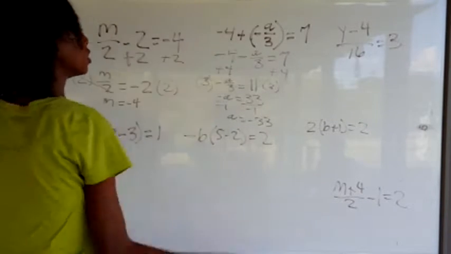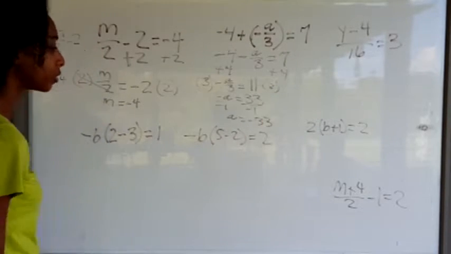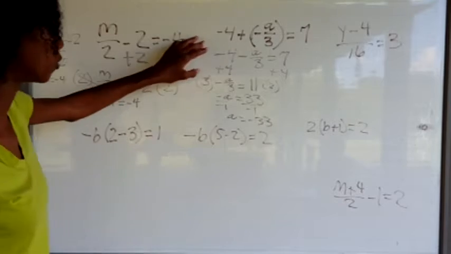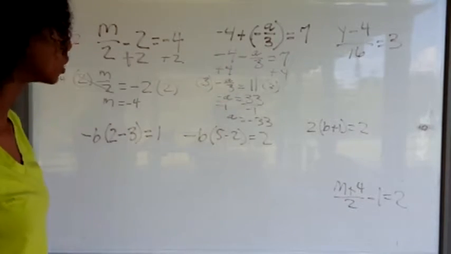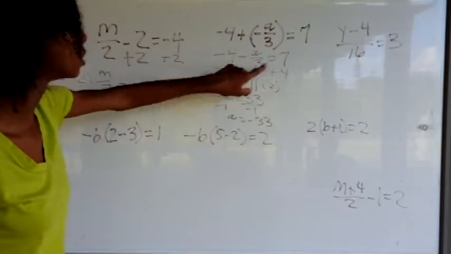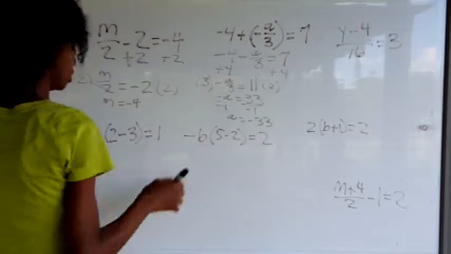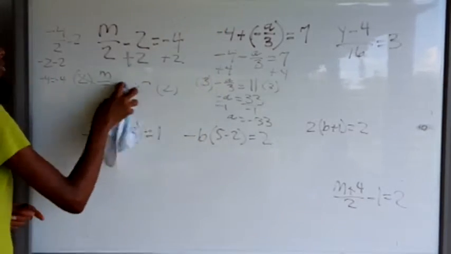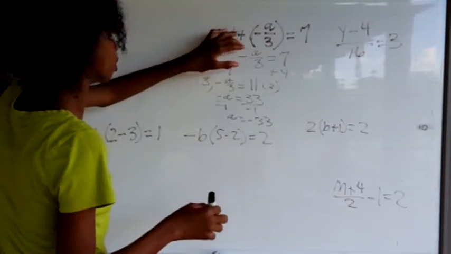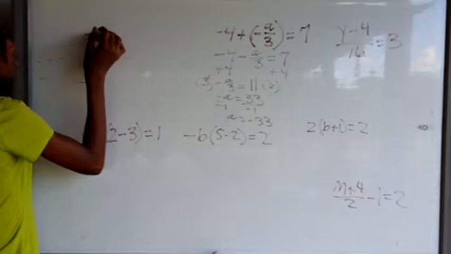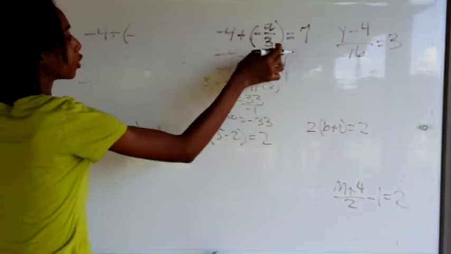So if we plug that in, we're going to get negative 33 over 3. Let me rewrite that. Okay, so we plug it in. We go back to negative 4 plus negative a over 3.